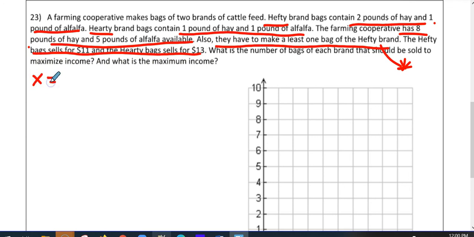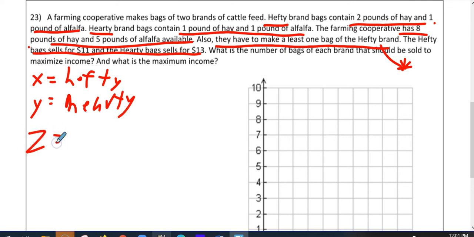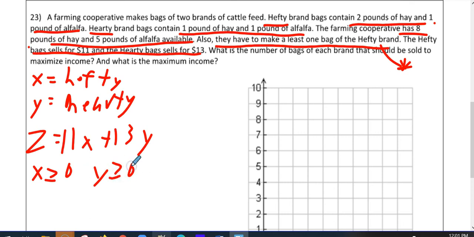Okay, X is hefty, Y is hardy, profit. Sells for 11x plus 13y. Constraints are always going to be this.